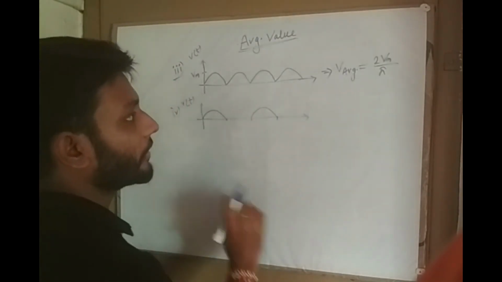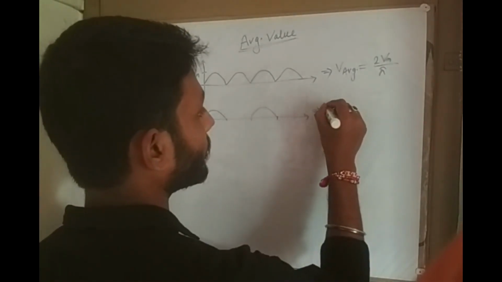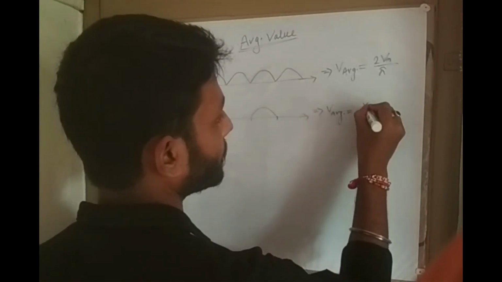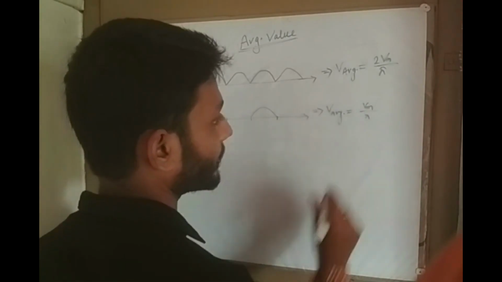And for half wave rectifier output waveform, the V average will be equal to Vm divided by pi.